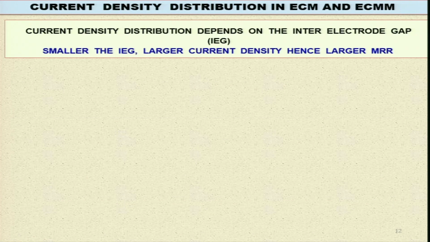Current density distribution in ECM and ECMM. Current density distribution depends on the inter-electrode gap, that is IEG.